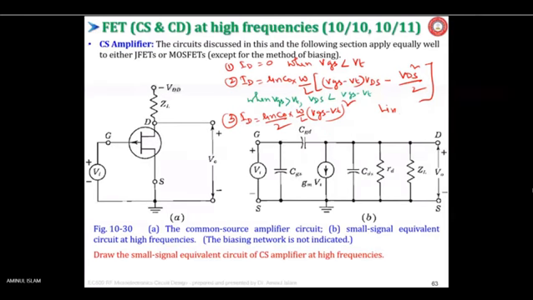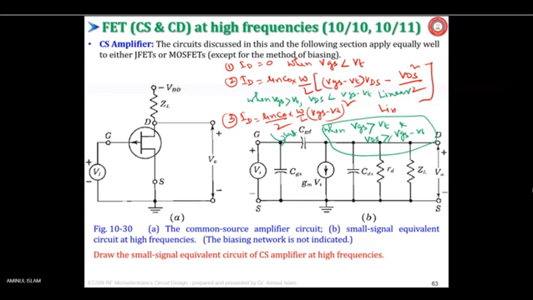Here it is when VGS is greater than VT and VDS is greater than or equal to VGS minus VT. So these are the conditions for the saturation region, because this equation is for saturation region and that is for linear region. So these three equations I have written are the MOSFET current equations.